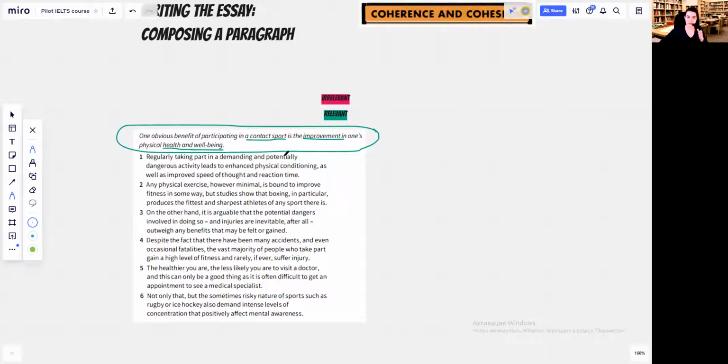Taking part in a demanding and potentially dangerous activity refers back to participating in a contact sport. And leads to enhanced physical conditioning and speed of thought and reaction time refers to improvement of health and well-being. So yeah, I think it's relevant.